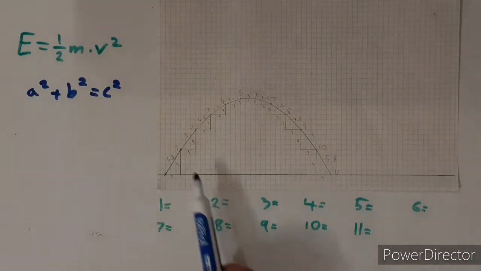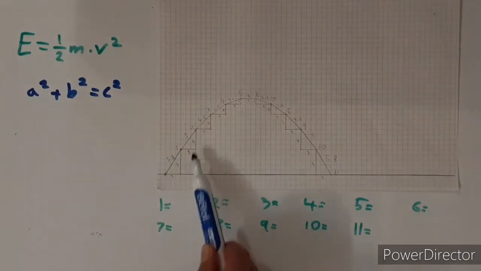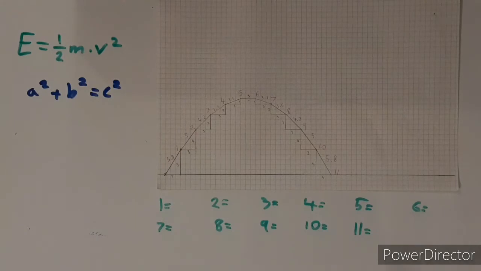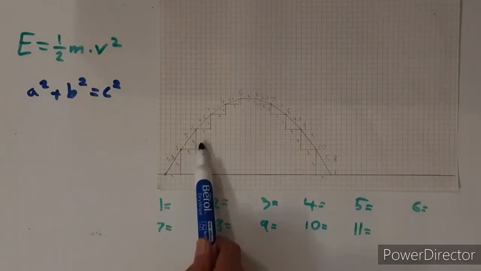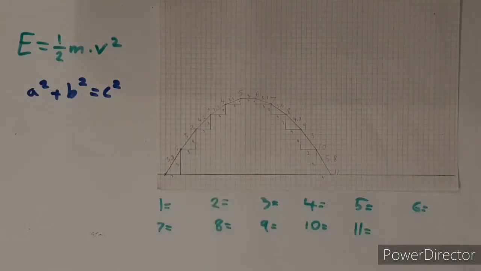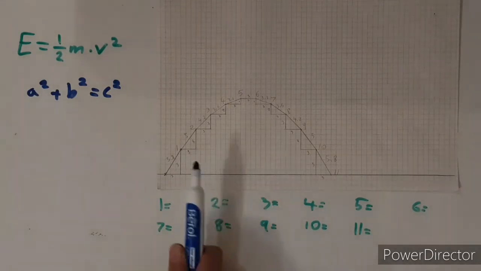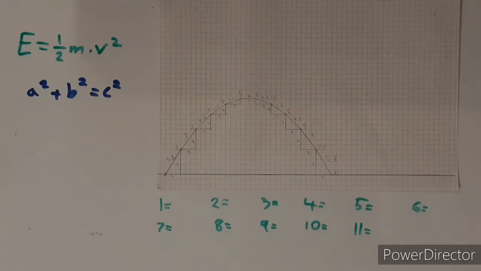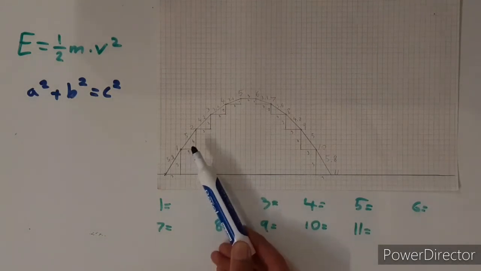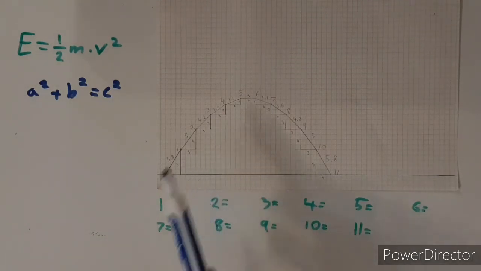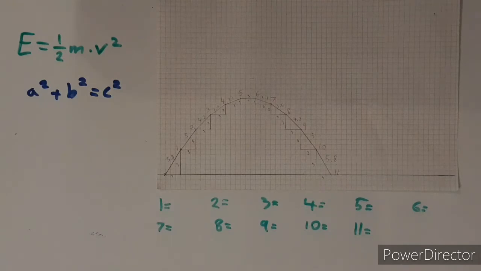Because if you look, for every single point in the flight, there is a right angle triangle, and the three sides represent true velocity, vertical velocity, and horizontal velocity. If we know the side representing horizontal velocity and the side representing vertical velocity, we can find the side representing true velocity.